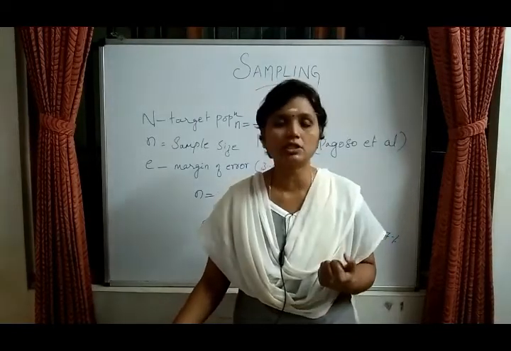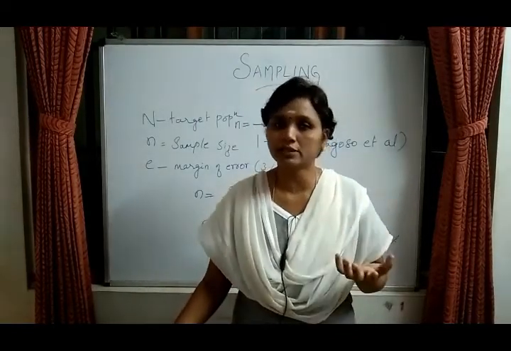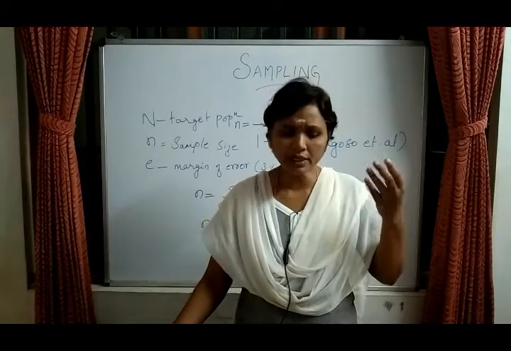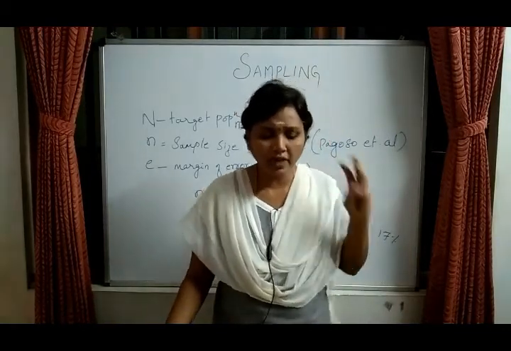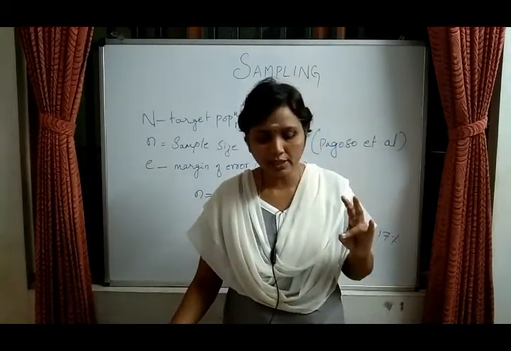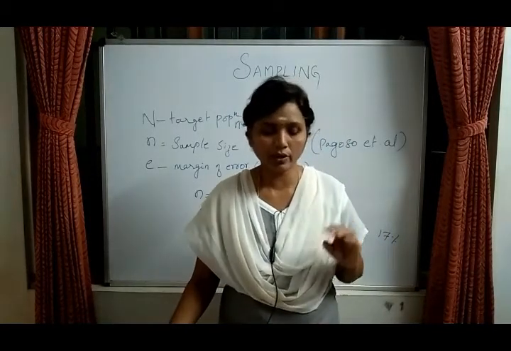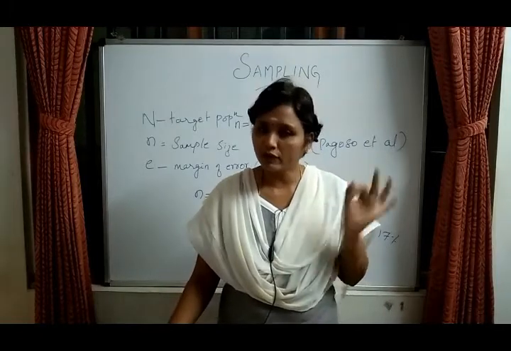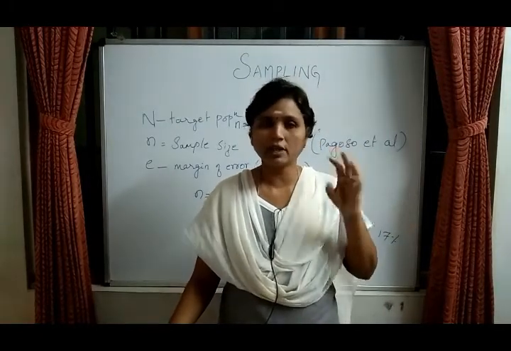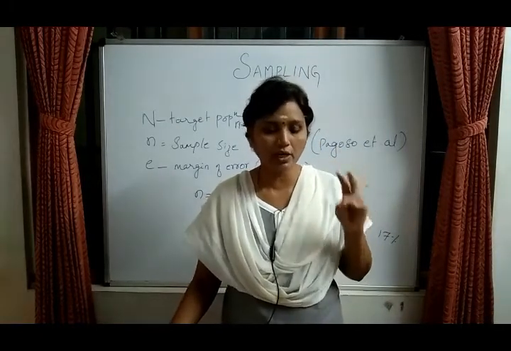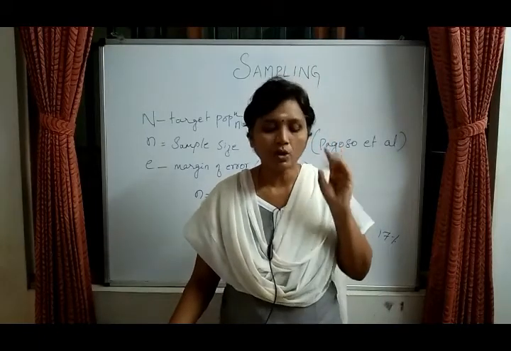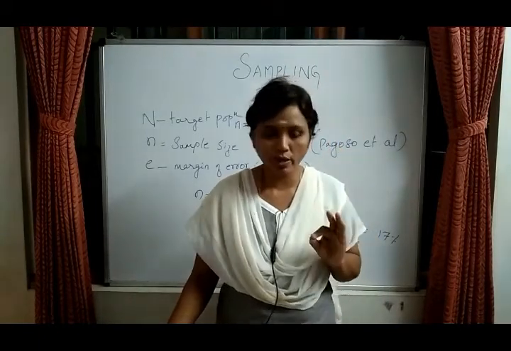According to the researcher's need, the samples are selected. So it is classified as convenient sampling, judgmental sampling, quota sampling, and snowball sampling. Convenient sampling, from the word itself we can understand that it is according to the researcher's convenience. And the judgmental sampling, quota sampling, and snowball sampling.